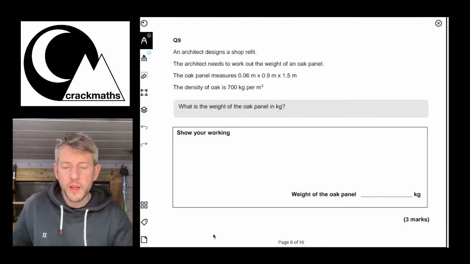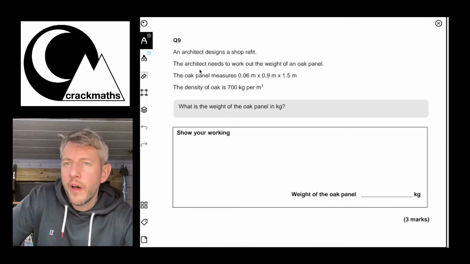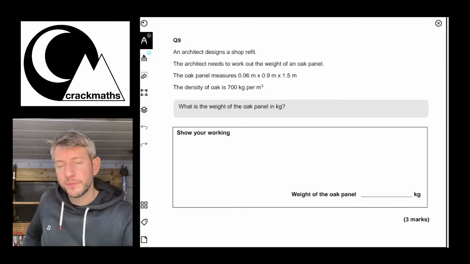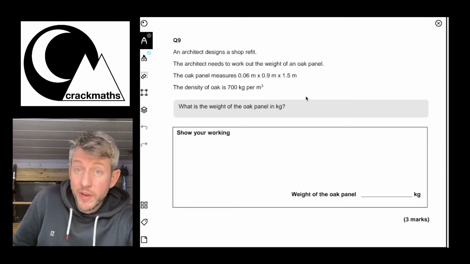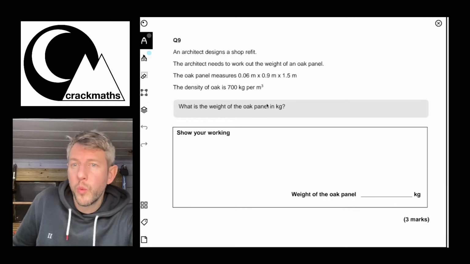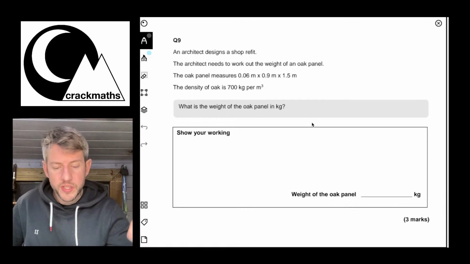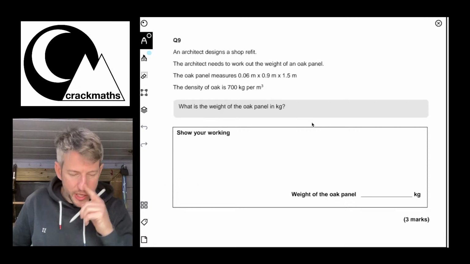Question 9. An architect designs a shop refit. The architect needs to work out the weight of an oak panel. The oak panel measures 0.06 metres by 0.9 metres by 1.5 metres. The density of oak is 700 kilograms per metres cubed. Work out the weight. Okay, so just to make a note here, the density, they've given us the units for it.